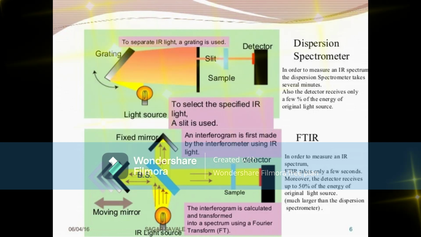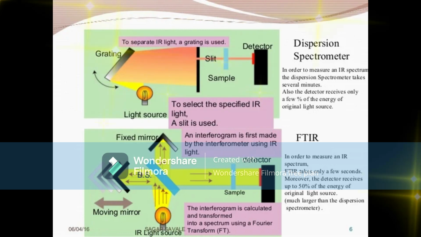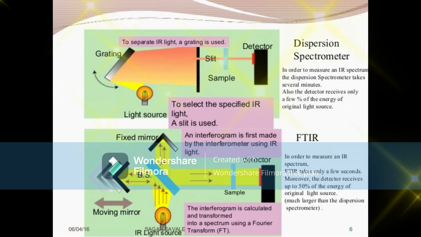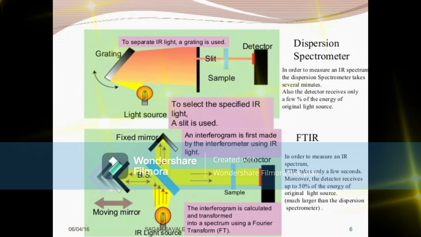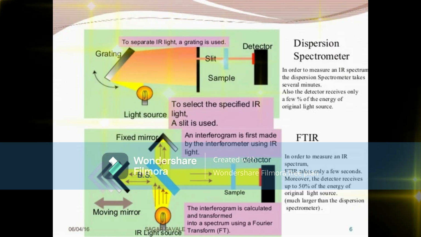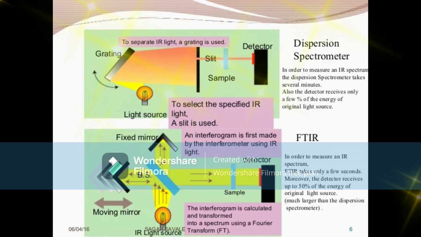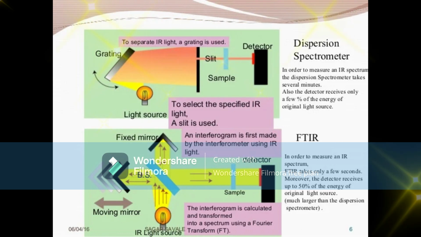Only poor sensitivity results. Since the spectrum takes minutes to record, the method cannot be applied to fast processes. Dispersive infrared spectrometers scan over the wavelength range and disperse the light by use of a grating.